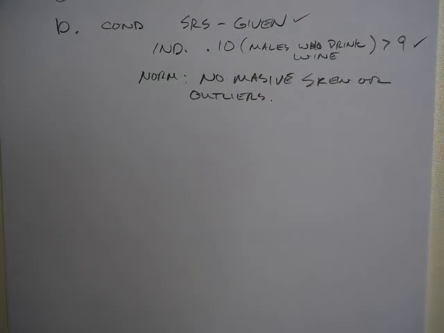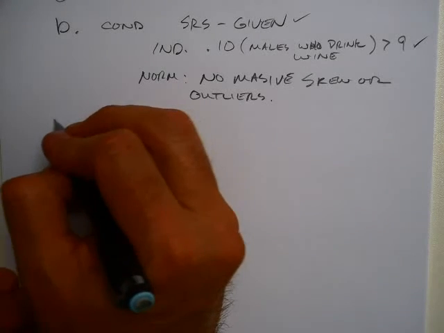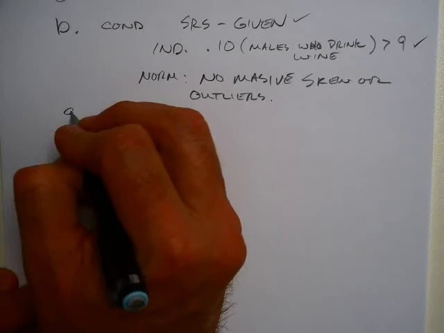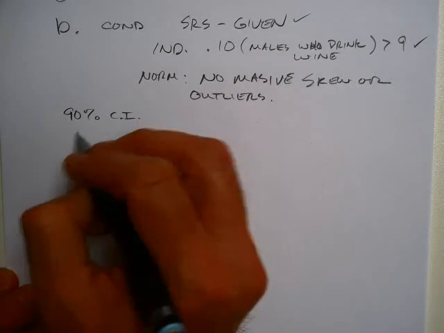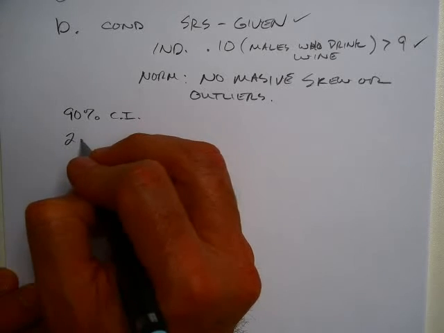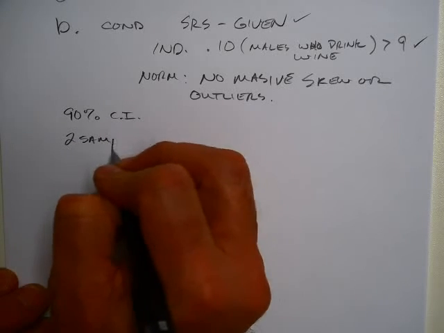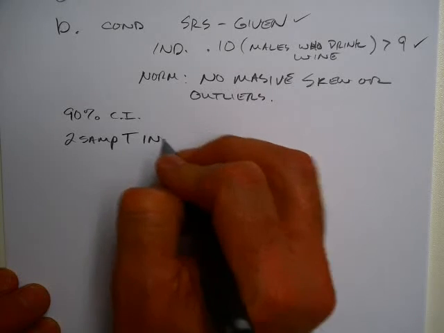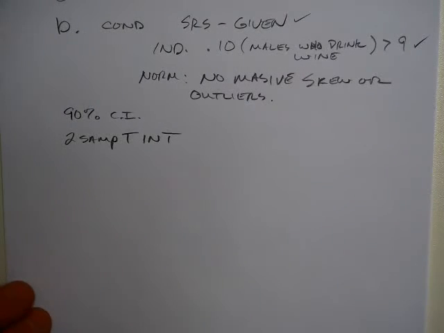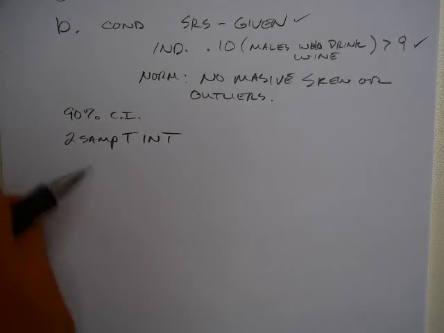Okay. All right. So we've got our conditions, and we want the 90% confidence interval. I'm going to use the 2-SampTInt.